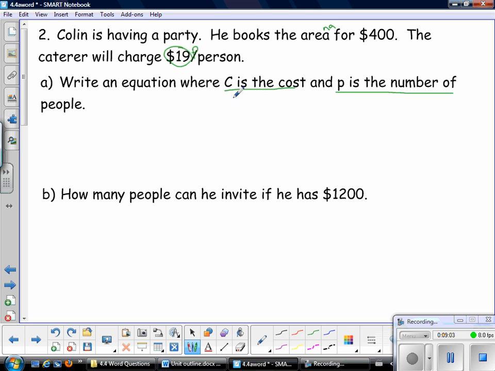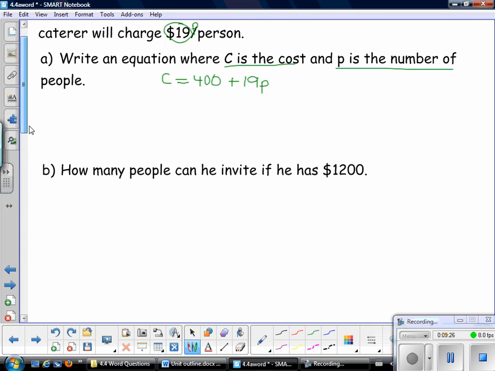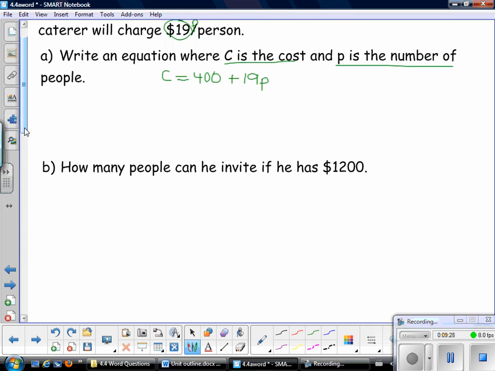I think that's what we probably should do, right? Because the cost is the initial cost of the arena of $400, and it's going to cost Colin $19 for every person. Okay, so if he invites 10 people, it's going to cost him $590 to have them all.